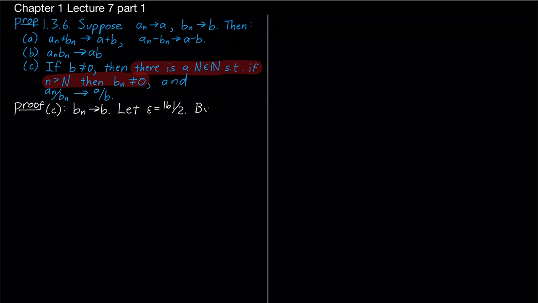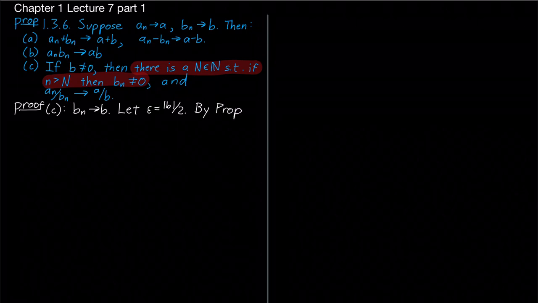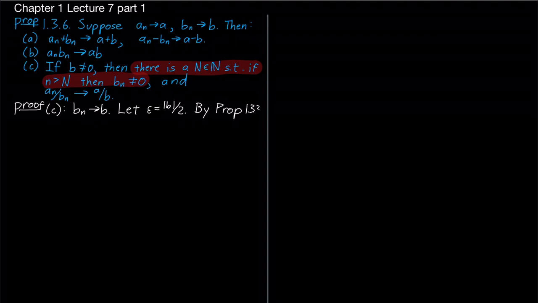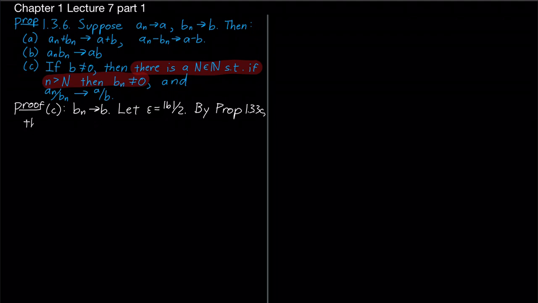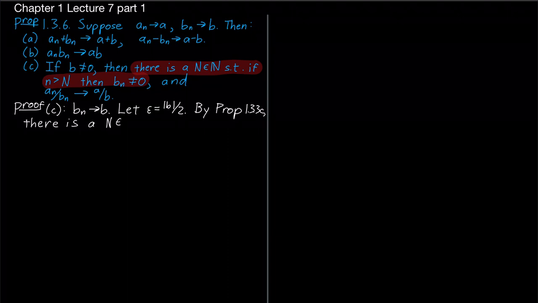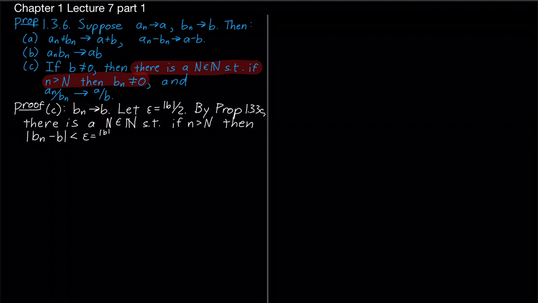So by proposition 1.3.3c, there is an N, a natural number, such that if n is bigger than N, then the absolute value of Bn minus B is less than epsilon, which is the absolute value of B over 2.